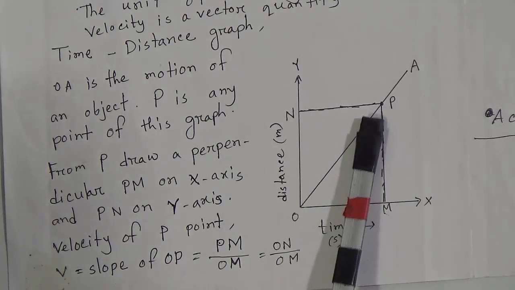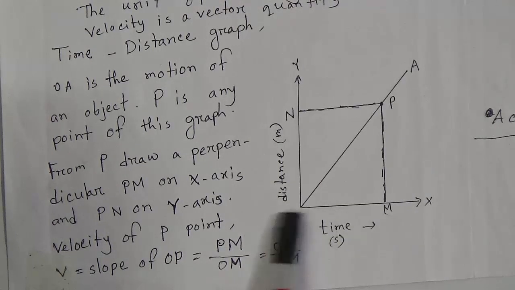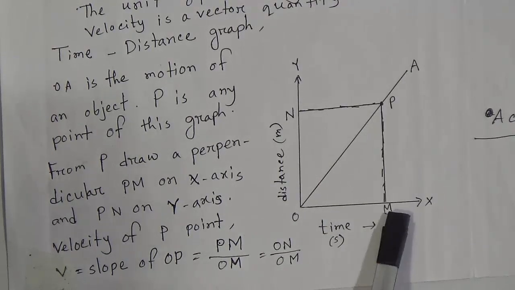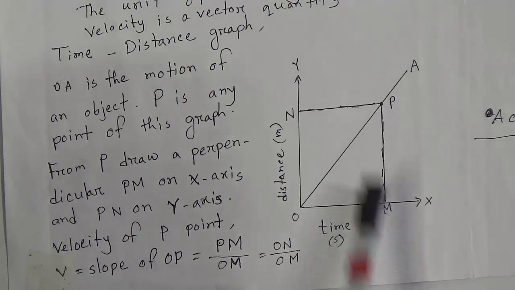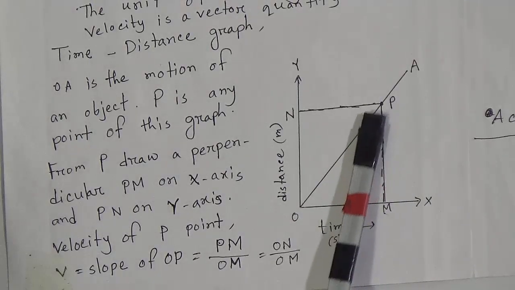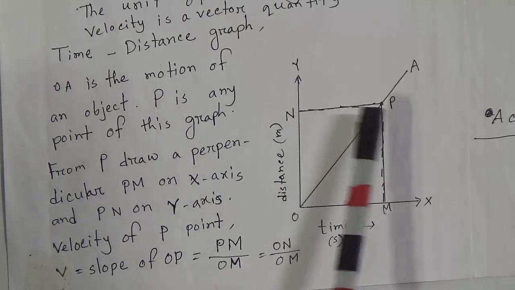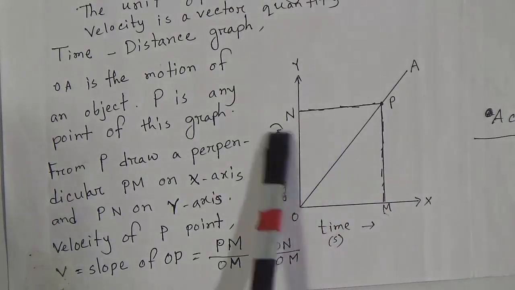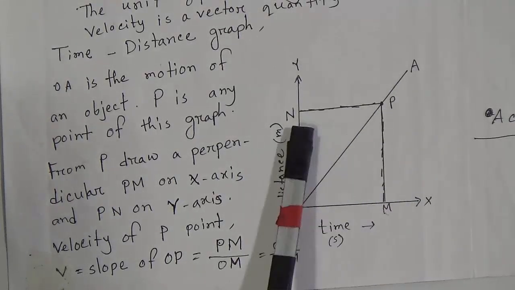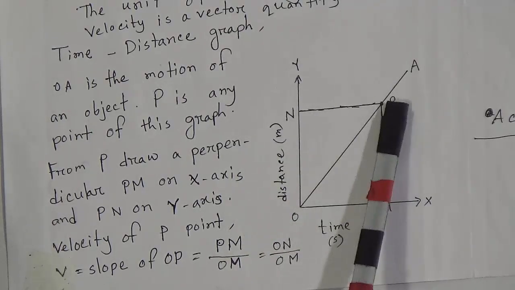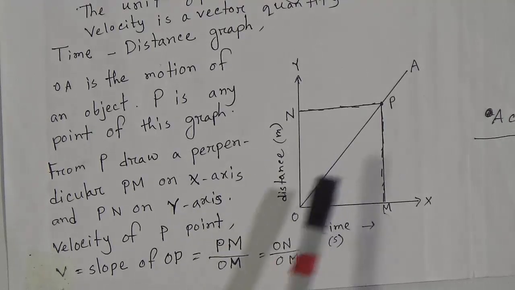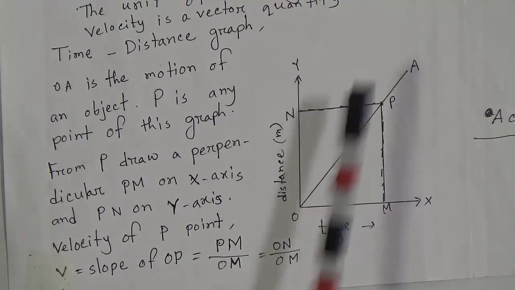From P we have to draw a perpendicular on the x axis, and that is the straight line PM. And from P we have to draw another perpendicular on the y axis, and that is PN. So the velocity at point P, velocity V equals the slope of OP.